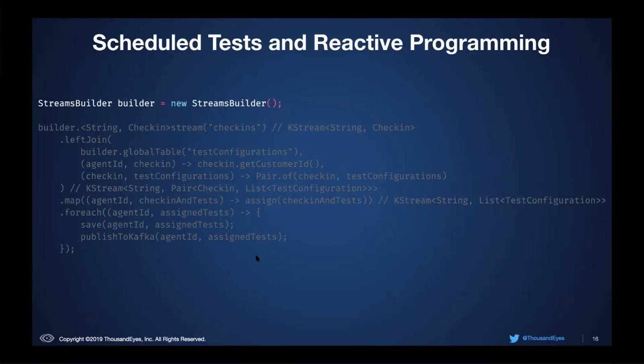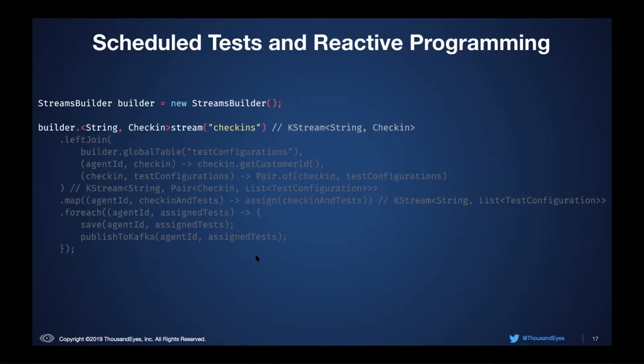So what we want to do first is start off with the Streams builder, which is effectively our entry point into the Kafka Streams library. It allows you to set up various pieces of configuration, but for the purposes of this, just think of it as the entry point. And what we want to do is start off with the stream method.